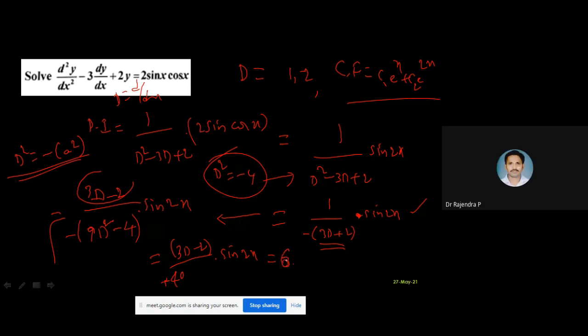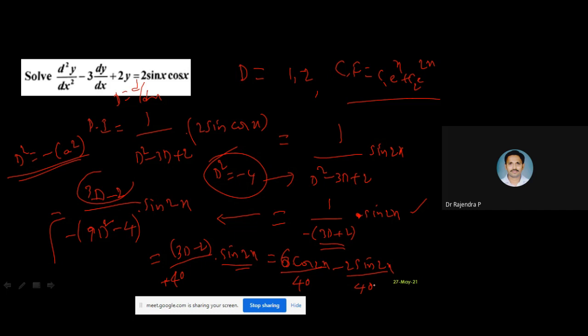So 6, I can write directly 3 into 2, that is 6 cos 2x minus 2 sin 2x. I just multiplied this term into the brackets, divided by 40. This 40, if you want, we can give to both the terms by splitting.